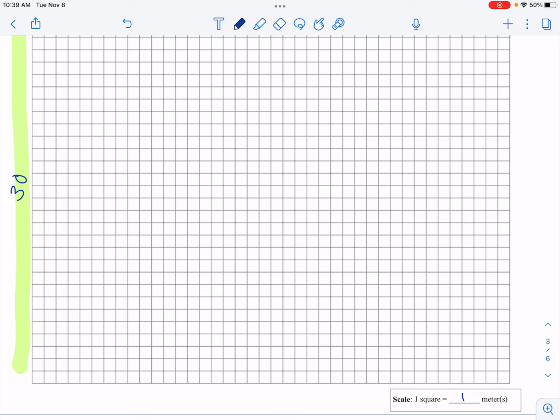Versus if you made every square 2 meters, your maximum height could be 60. You could go up by 5s, you can go up by 10s. It really is just up to you. You just want to make sure you define what your scale is. Every square is going to be a certain number of meters.